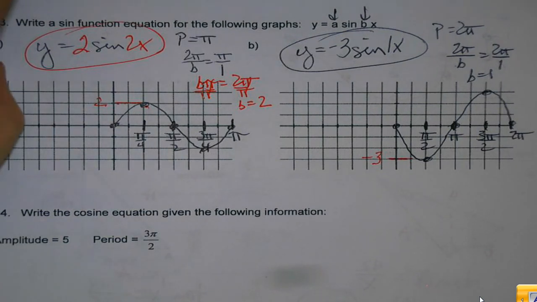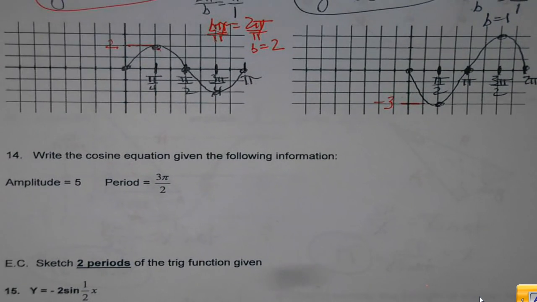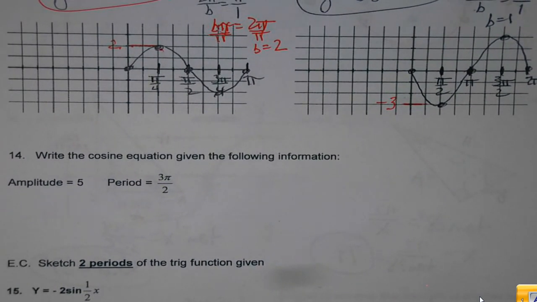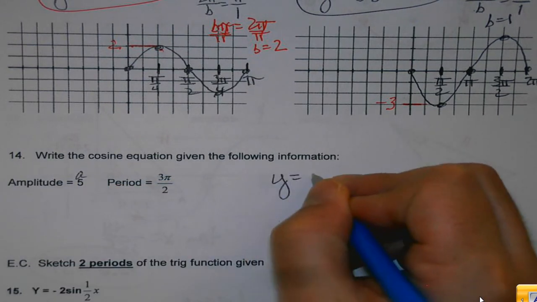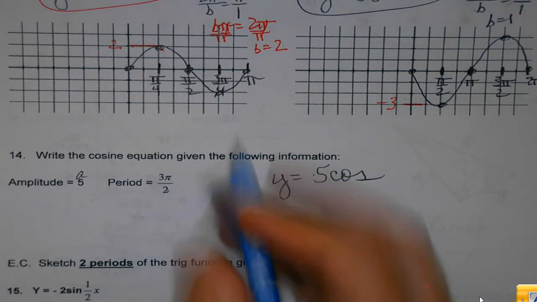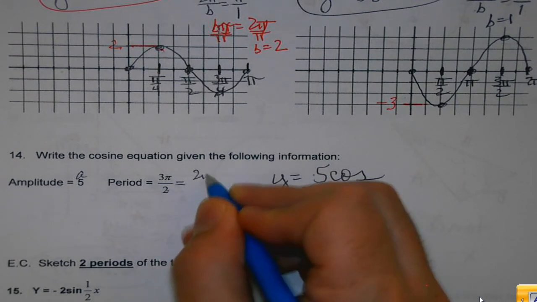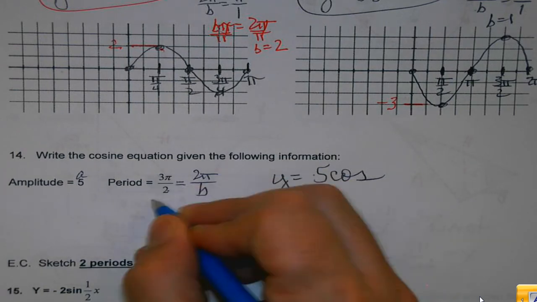And we're coming down the home stretch here. Write the cosine equation for the given information. Okay, there's my A, but this is not my B. Just like we did up above, we got to do a little math work. We got to figure out what B is. So we cross multiply.